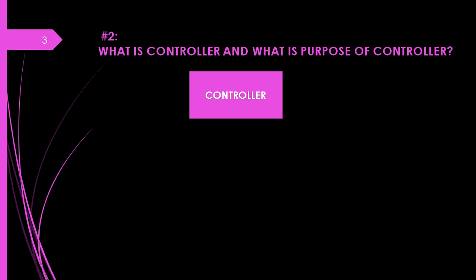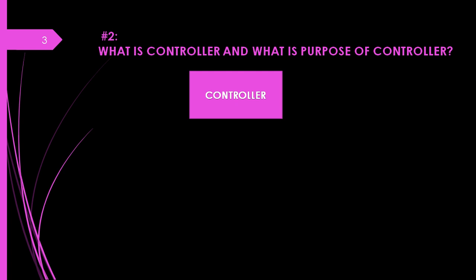Controller is responsible for user interaction. Whenever the user clicks on a button and a request is sent to the server, that request will be picked up by the controller. Suppose there is a button for save. On click of that save button, what will happen? A request is sent to the server, and that request will be picked up and handled by the controller, right?